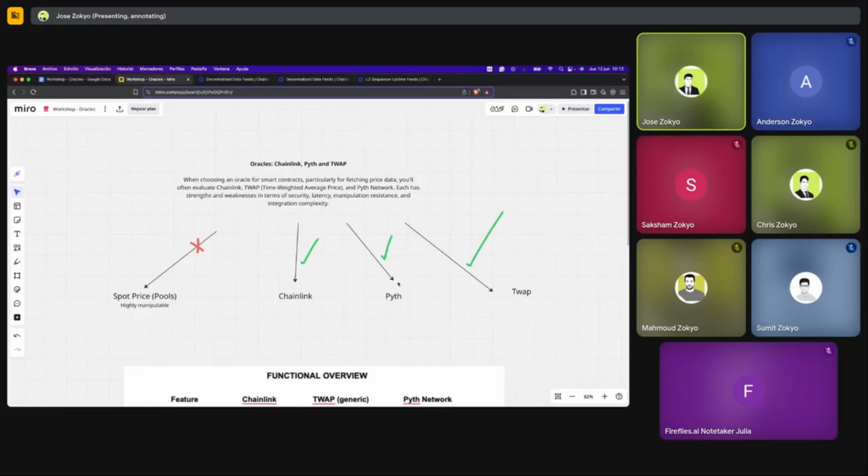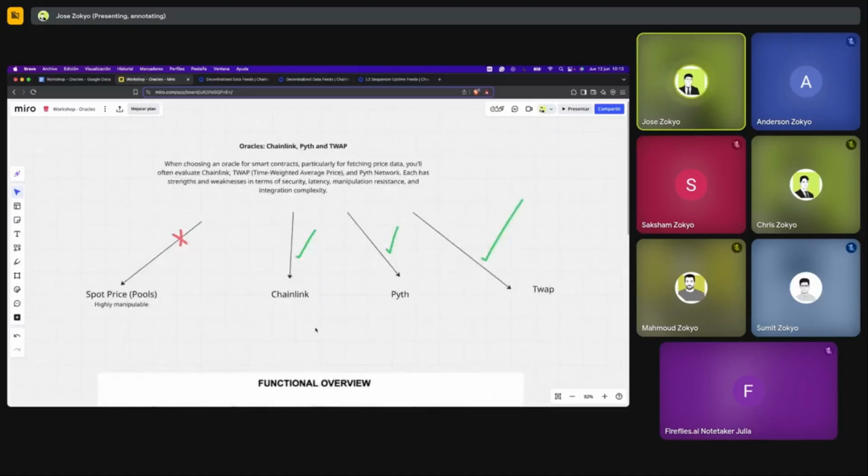So basically, Chainlink and Pyth have several differences, but clients or developers normally choose between these two just because they may know better how to implement Chainlink, or they may know how Pyth works.